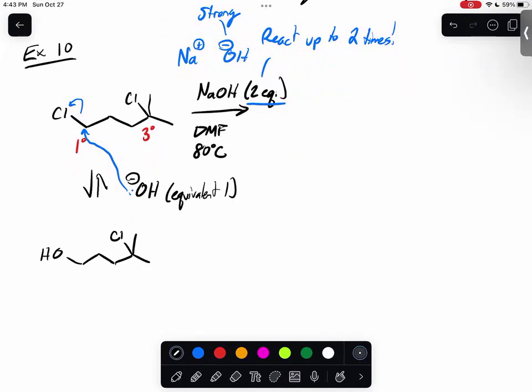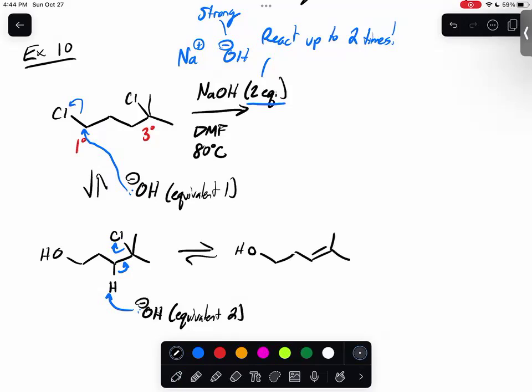What's that going to do? It's actually going to do an E2 reaction. And so our second equivalent can then do another reaction where it grabs that proton, forms the alkene, kicks out the chloride, and we've ended up forming this structure here as our overall product.